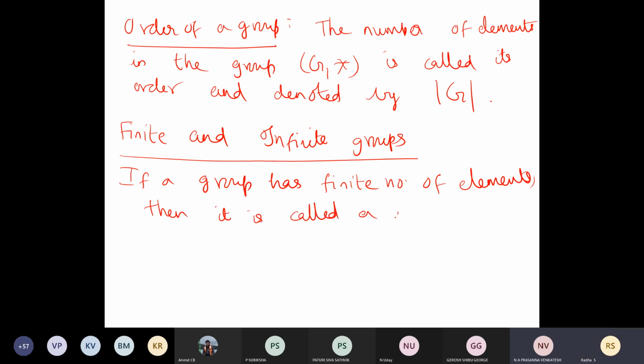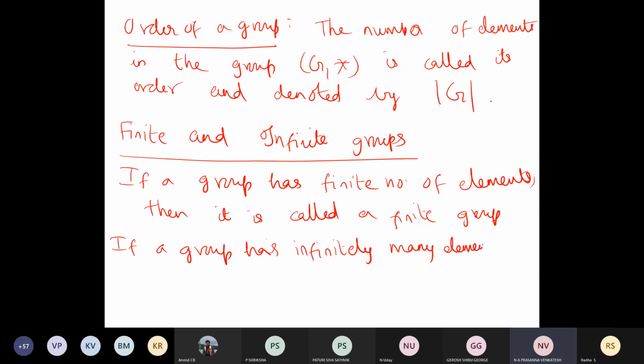Finite group examples I'll give you. If a group has infinitely many elements, then it is called an infinite group.